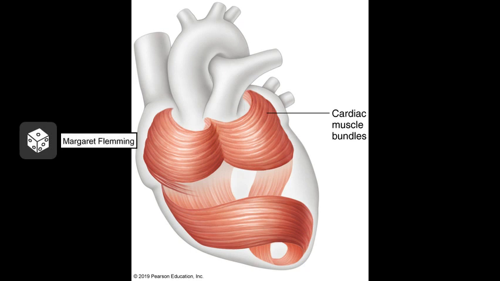Now, before we get into the various chambers of the heart, the more detailed look at the heart anatomy, I want to point out the interesting thing about the way the cardiac muscle fibers are aligned. They come around the atria. Those are the top two chambers.